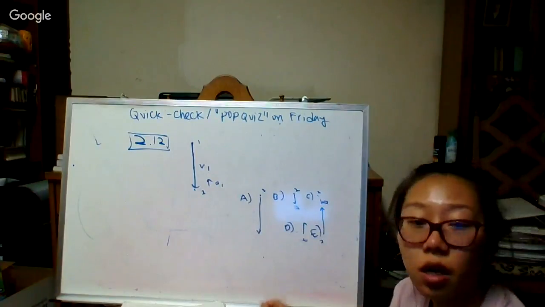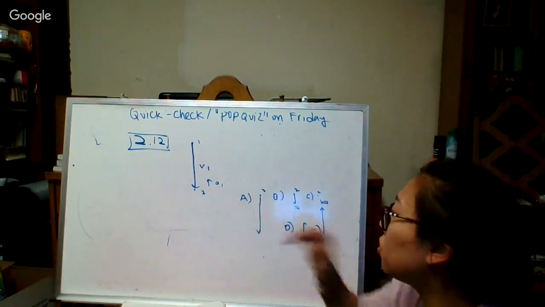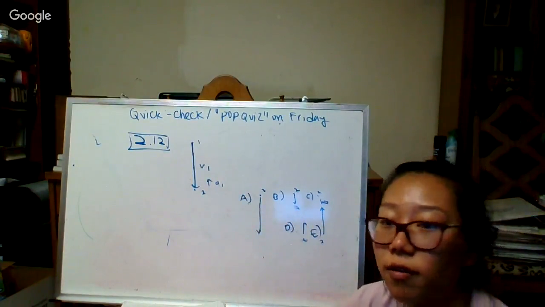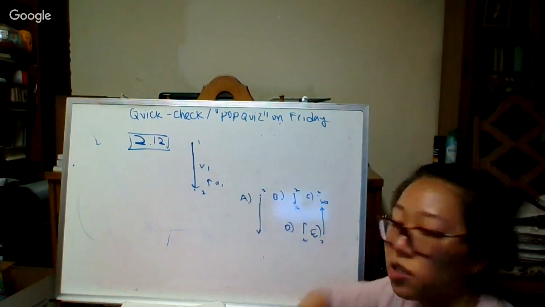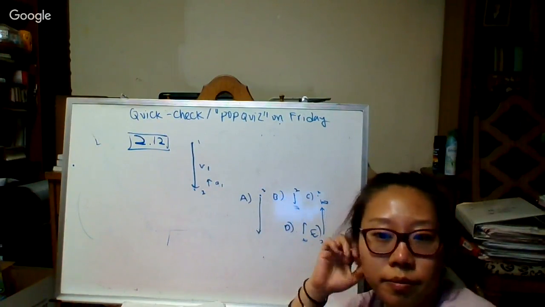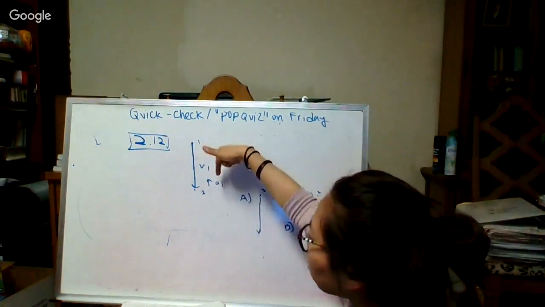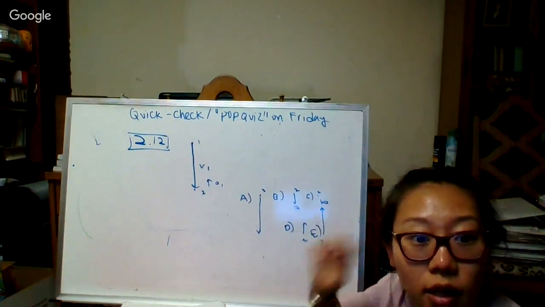It just cannot be A. The most probable one is B because this magnitude is not that big, but that's arguable because there are no numbers on this. So that's why B, C, D, E is still possible. It's just not A. Because for A, if it was going in the same direction, the acceleration would speed it up like this, but it's not.